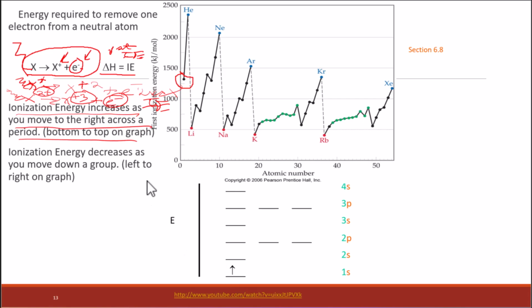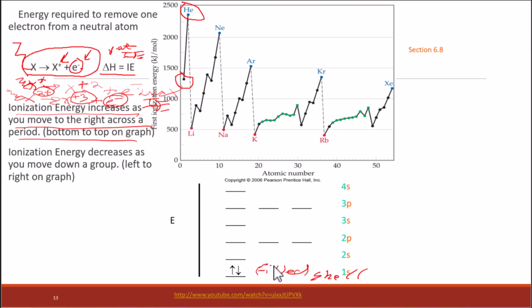So let's zip up to helium. Now you'll notice that helium has the highest ionization energy of any element on the periodic table. How come? Well, because it has this very stable electron configuration. It has a filled shell, and because it has a filled shell, it's very stable. So filled shells, filled subshells, as you remember from chapter 8, are very, very stable.